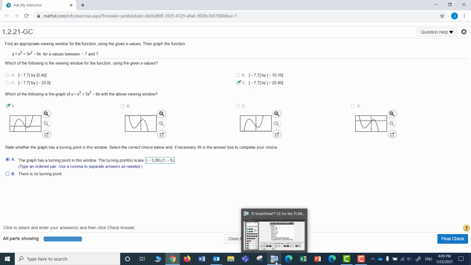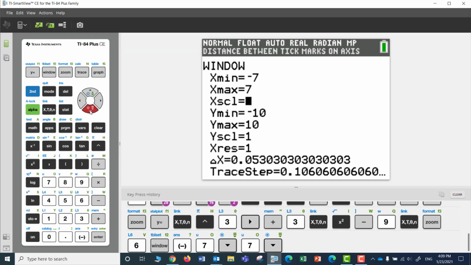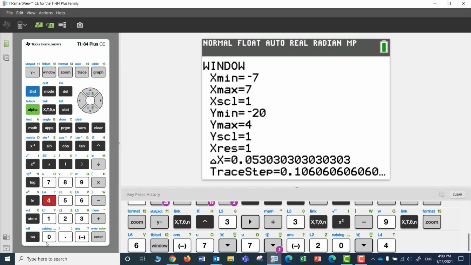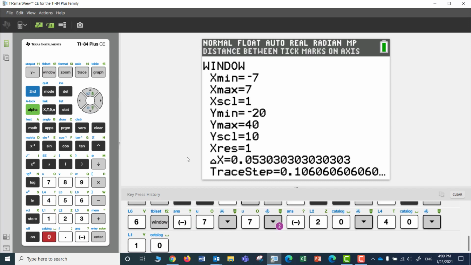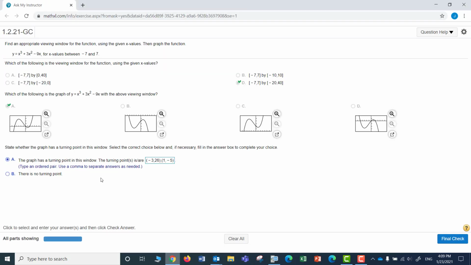The limit of the y-axis is -20 to 40. Also, the scale is 10 for the y coordinates, if you look at the answer you are given in the second part, the distance between two tick marks is 10.